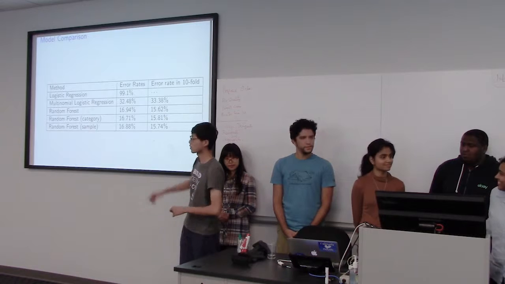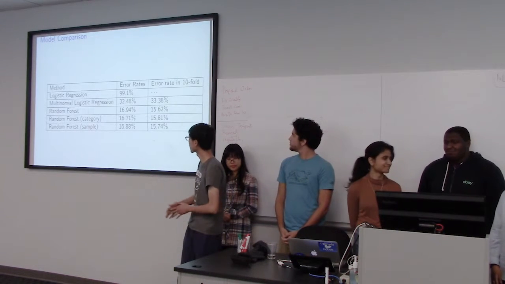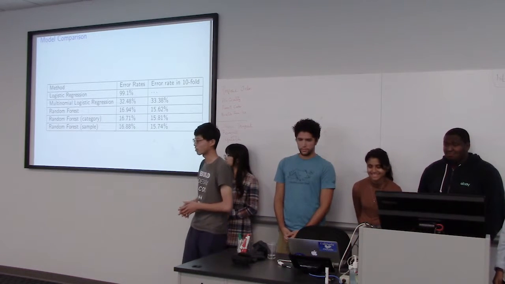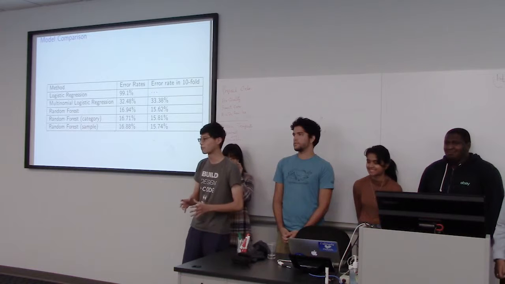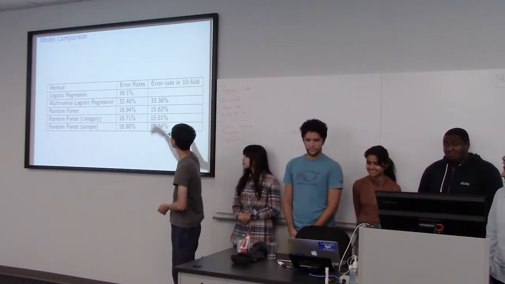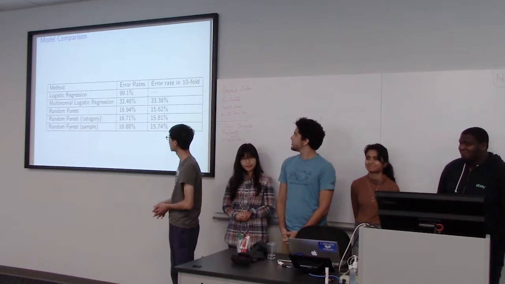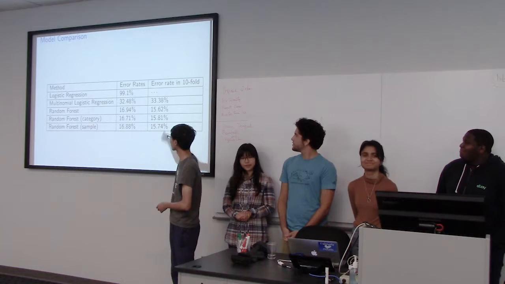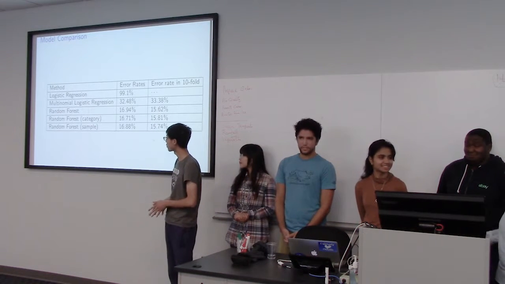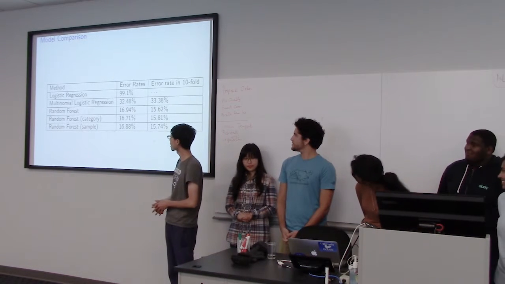The error rate we use is by randomly splitting the training data and the test data. We can see that logistic regression does the best because it only splits the water part of the map from the non-water part, so it's very good. Because of that, we didn't use cross-validation to verify its accuracy. But for the other three models, we think it's best to use random forest in order to classify the land cover type.